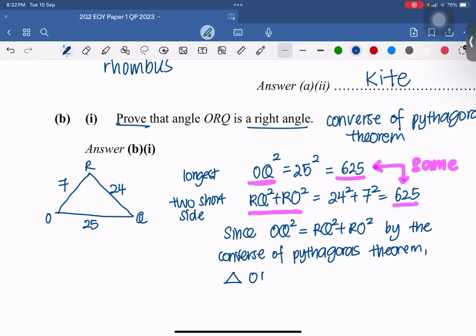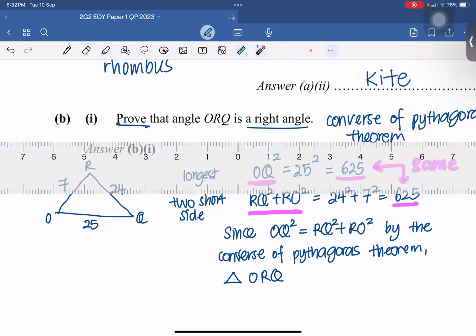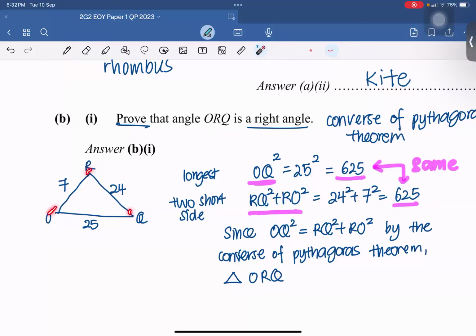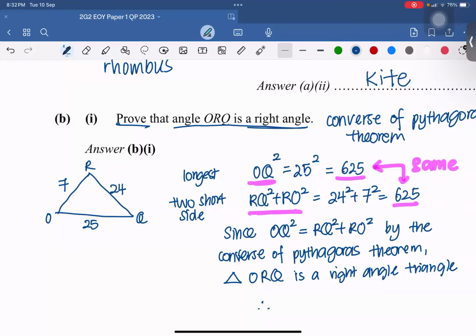Therefore, triangle ORQ is a right angle triangle. The question asks, is it 90 degrees? Yes, angle ORQ equals 90 degrees, shown.